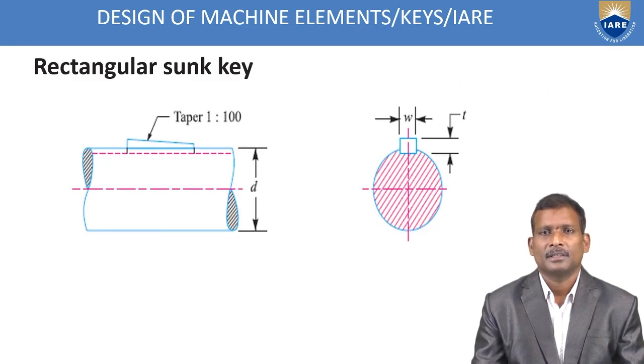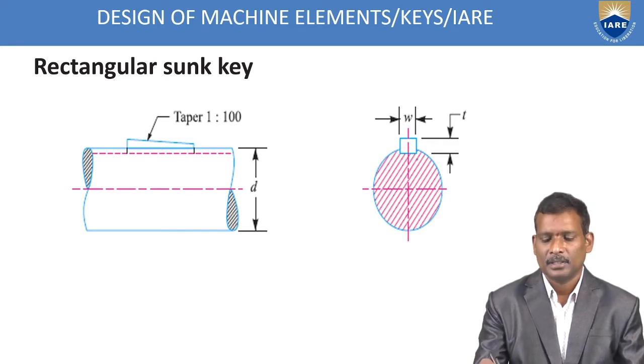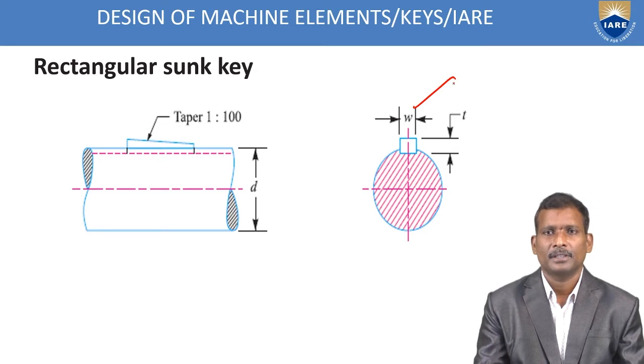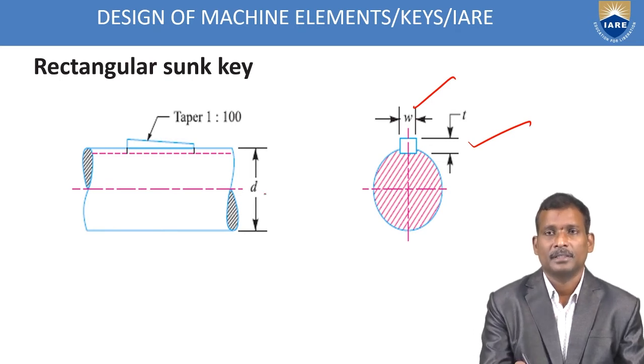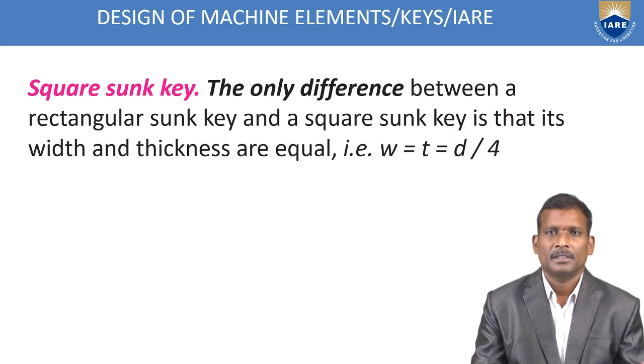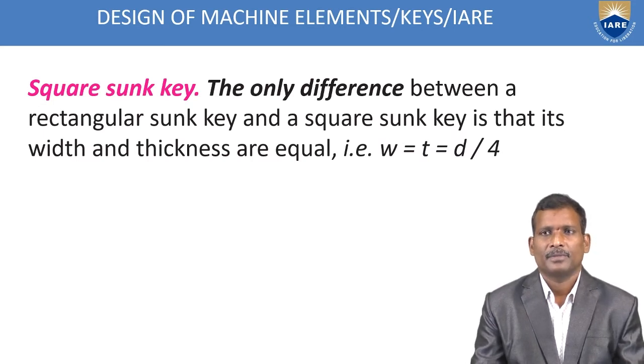See in this slide, the figure shows rectangular sunk keys. In this, W is the width and T is the thickness or depth of the key, and D is the shaft diameter. Similarly, in a square sunk key, the only difference between the rectangular sunk key and the square key is that the width and thickness are equal.